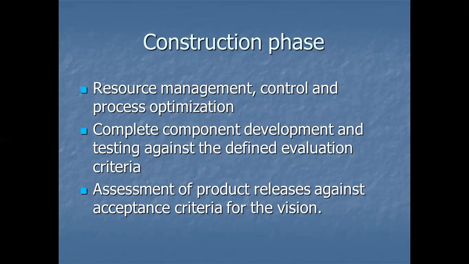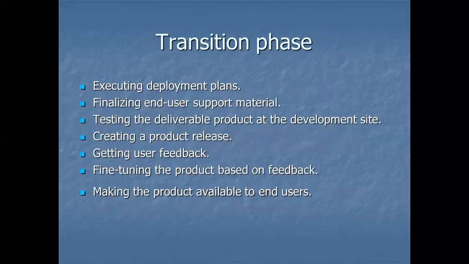While testing, we define some evaluation criteria based on the requirements that the user gives. In the construction phase, we test that development and assess the product release against acceptance criteria for the vision. Whatever the user's needs are, we check whether we are satisfying those criteria or not.